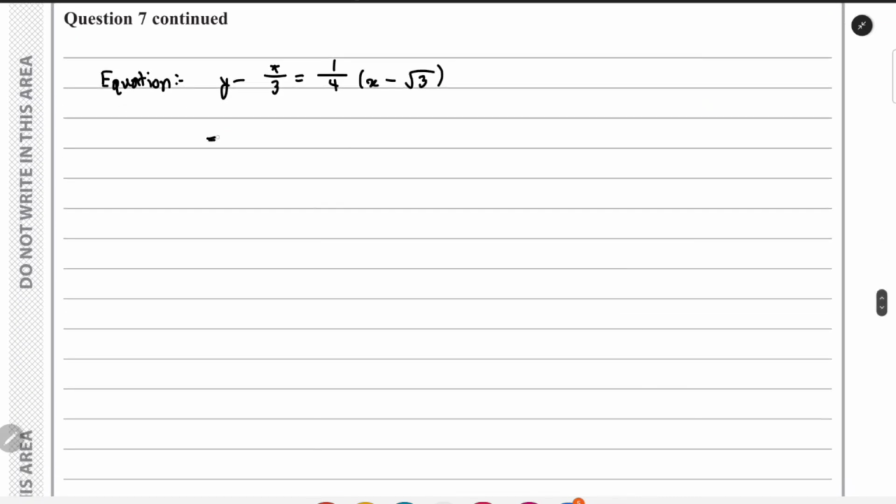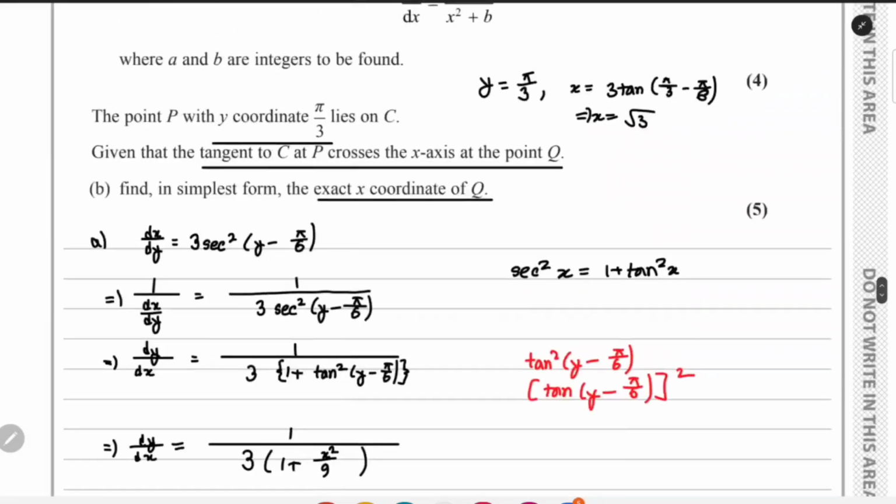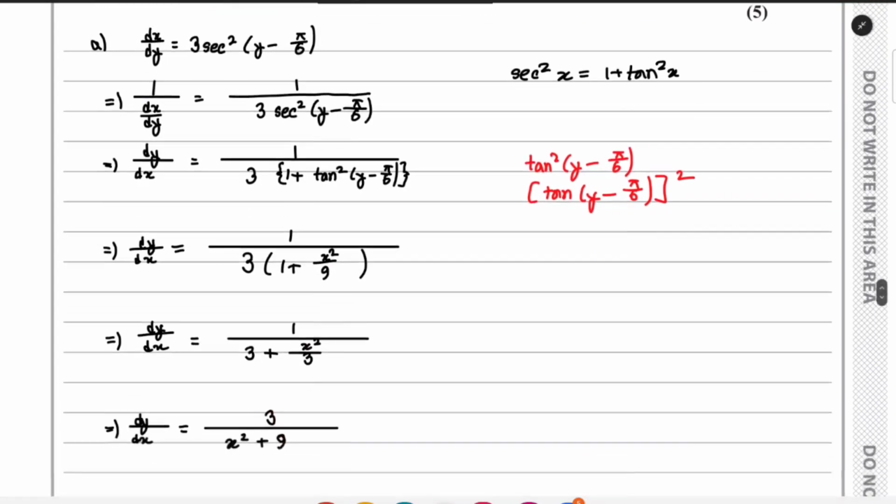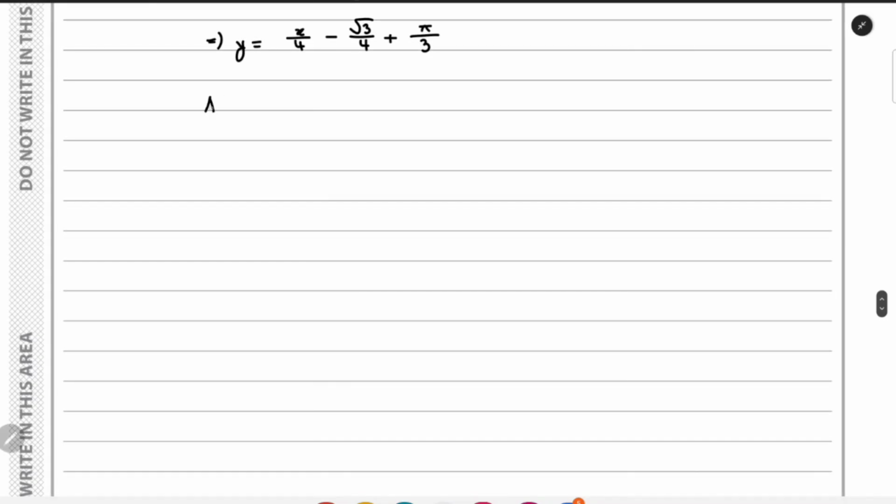Now the equation will be y minus y1, in this case pi by 3, equals the gradient, which is 1 by 4, times x minus x1, where the x coordinate is root 3. So the equation of the tangent is y equals x by 4 minus root 3 by 4 plus pi by 3. And we have to find the exact coordinate when the tangent crosses the x-axis. At the x-axis y equals 0.